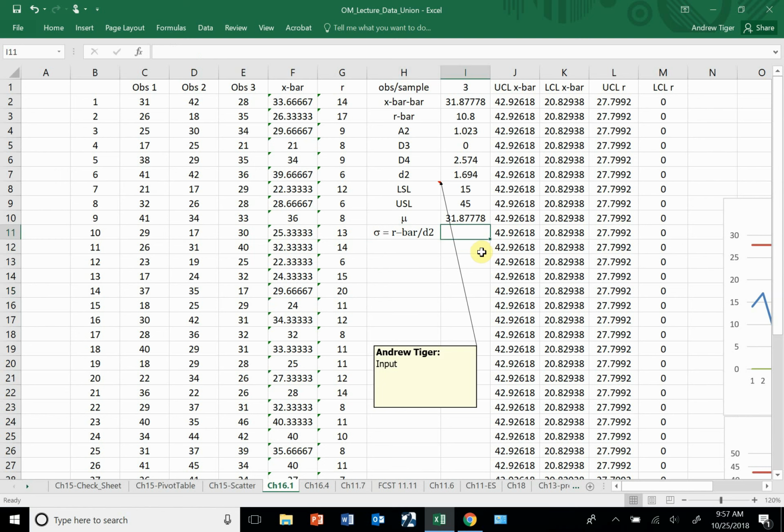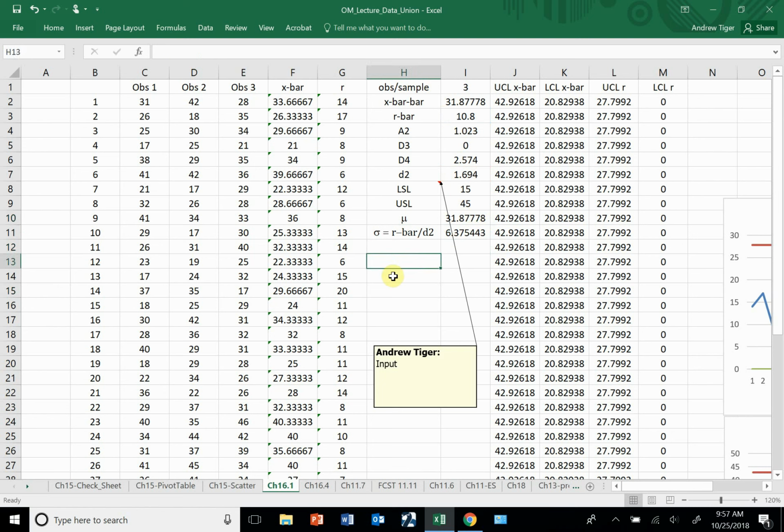So how do I calculate that? Well, it's R bar divided by d2. So now I've got a process center. This is based on the data. My process average is 31, and the standard deviation is 6.5, and I'm going to assume it's normal.